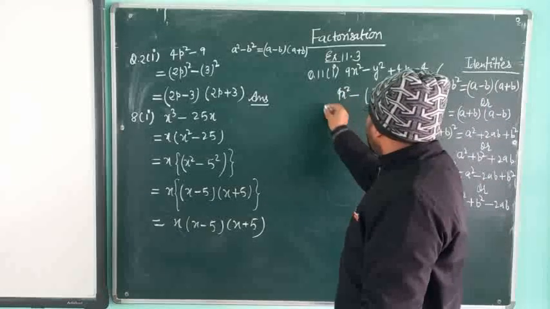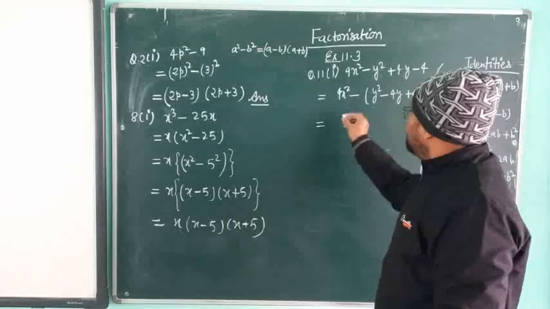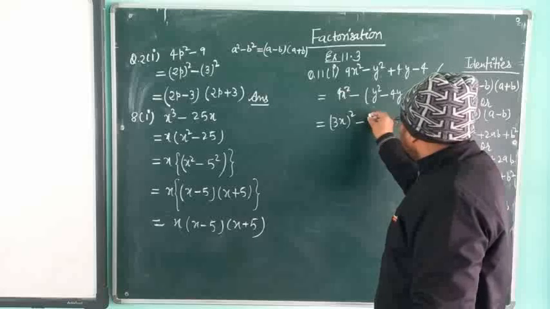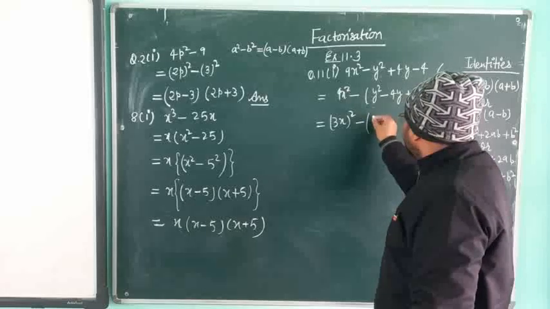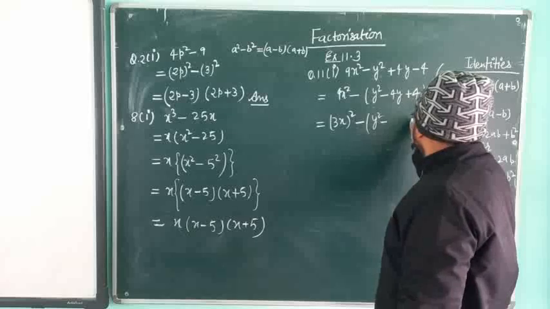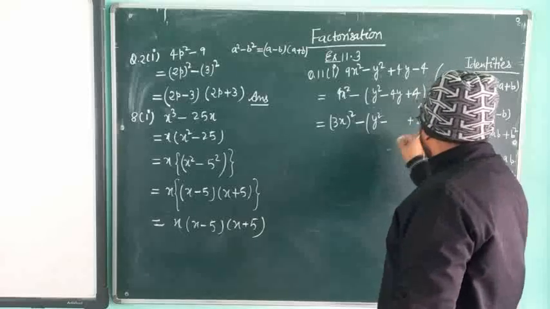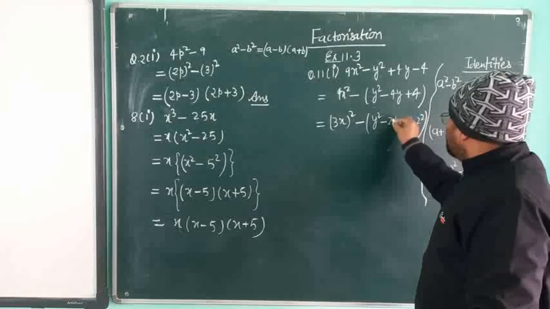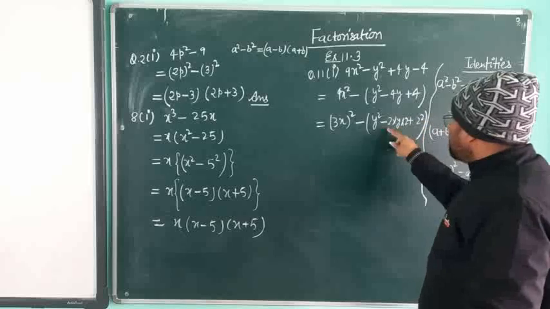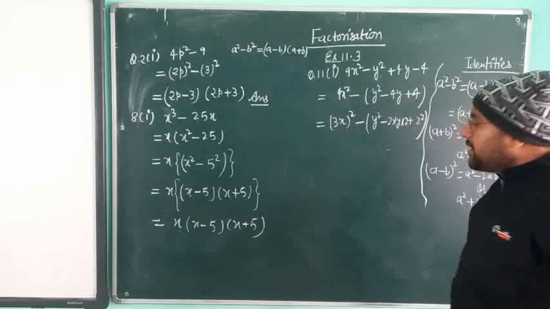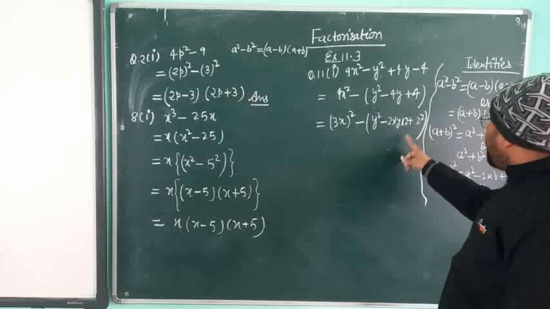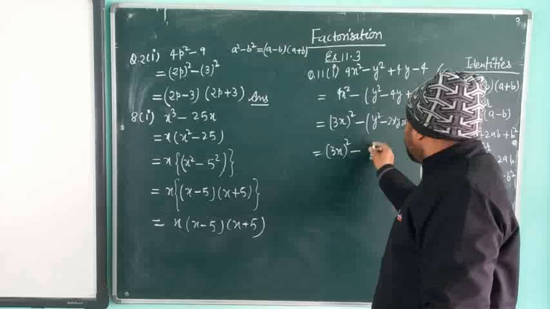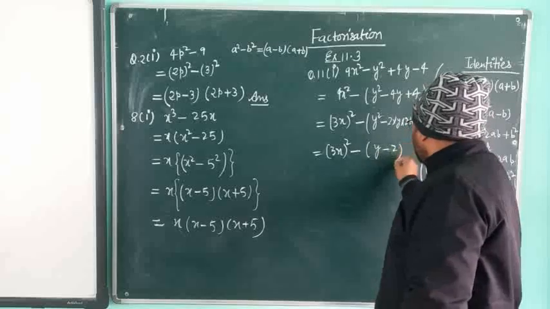So 9x square I can write as (3x) whole square minus; 4 I can write as 2 square, and 2 into y into 2 means 2ab. So it is (a minus b) whole square: (3x) whole square minus (y minus 2) whole square.